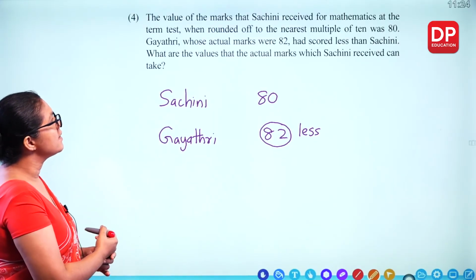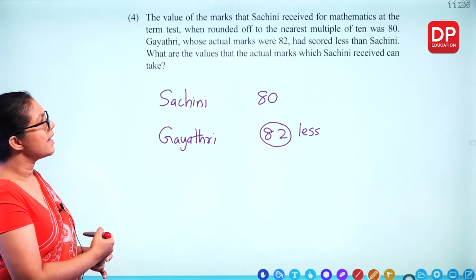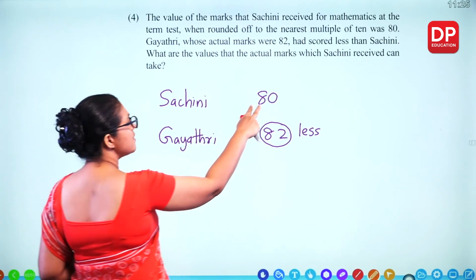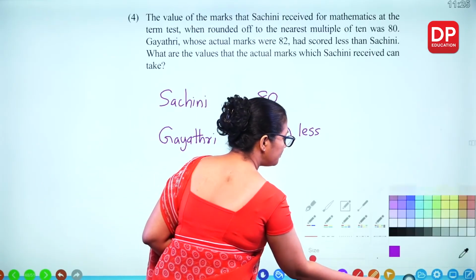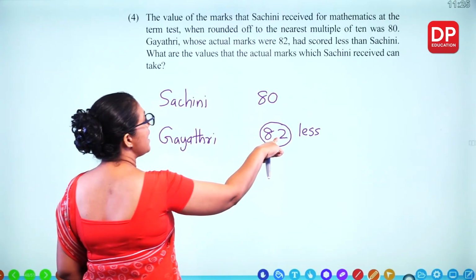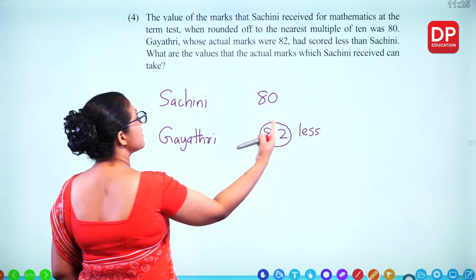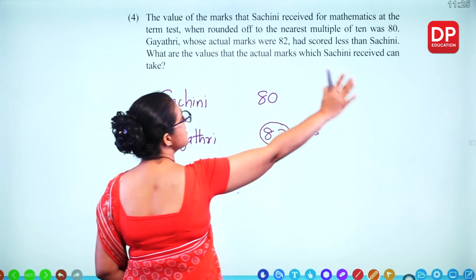What are the values that the actual marks Sachini received can take? So 80 is the value. What are the possible numbers you can get for 80? And this is less, so that means we have to take more towards this side.